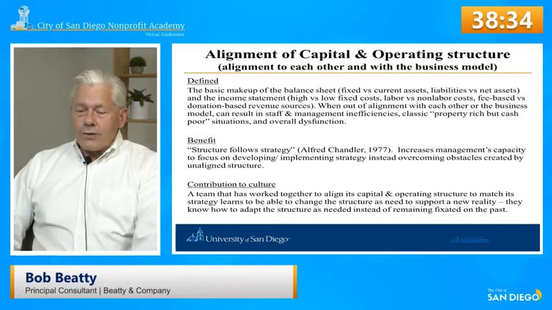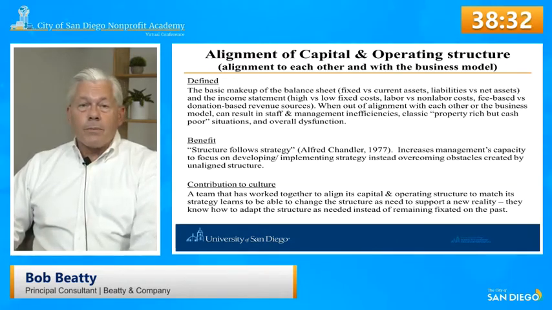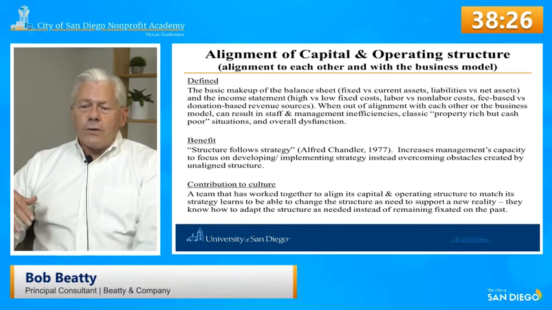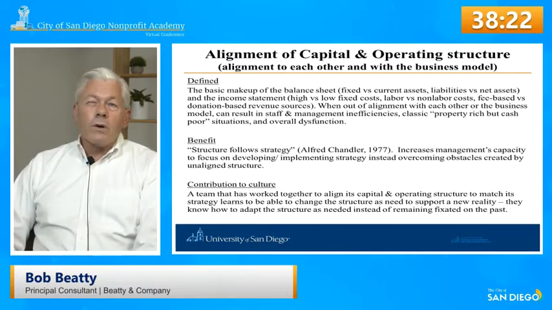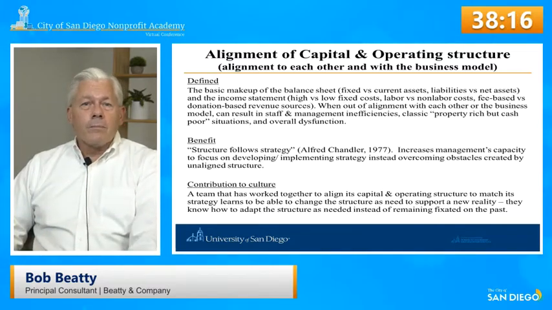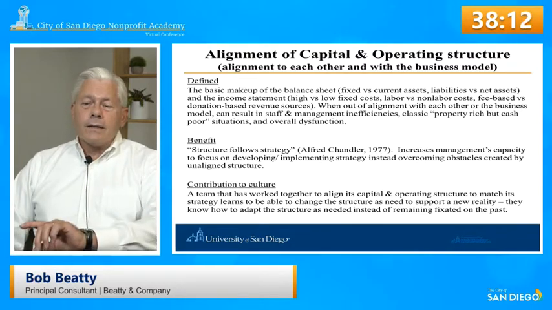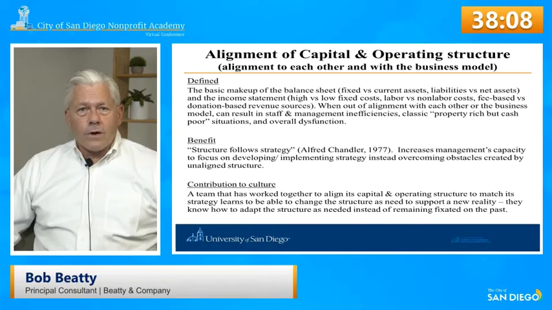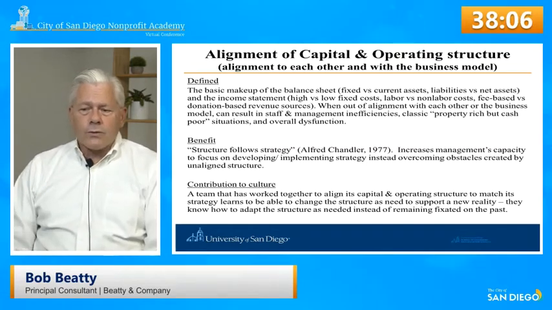The classic situation is an organization that's property rich but cash poor. I can think of one client off the top of my head where the CFO was spending, I think it was 4 to 8 hours, half to a whole day a week managing vendor payments, because they didn't have enough cash, but they had a whole lot of property and buildings and that sort of thing.